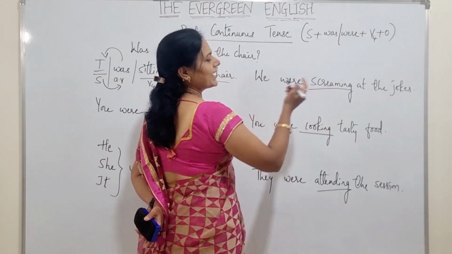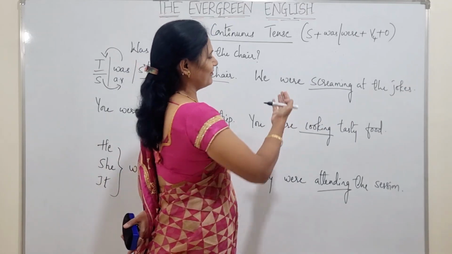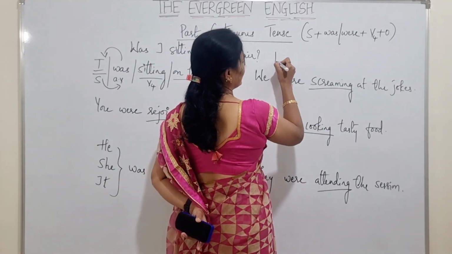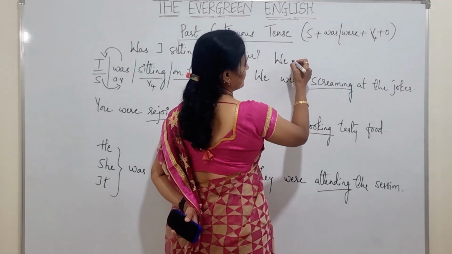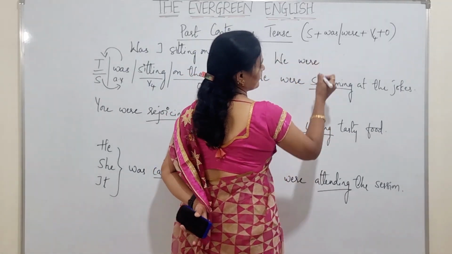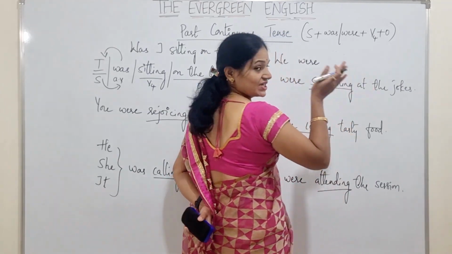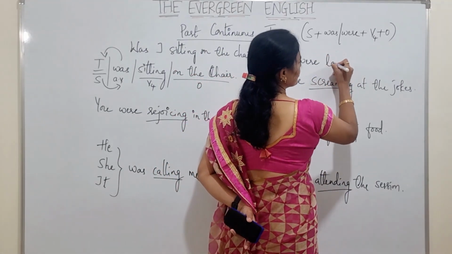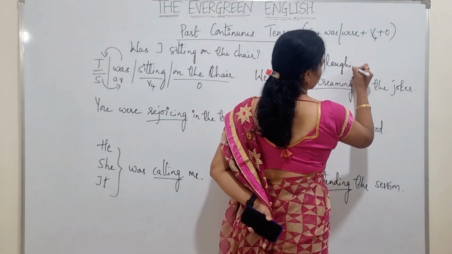We were screaming at the jokes, or we were laughing at the jokes. Were we? Correct. Were we screaming? I'll change the verb here. It is screaming, I'll change it into laughing.